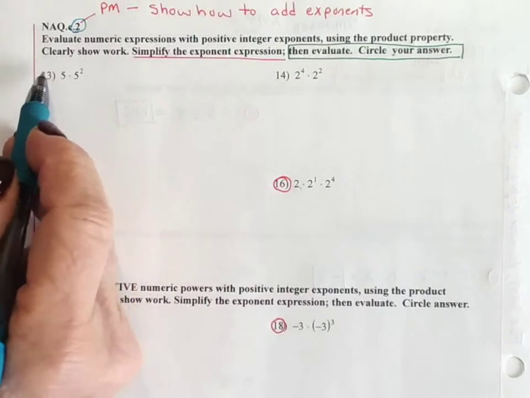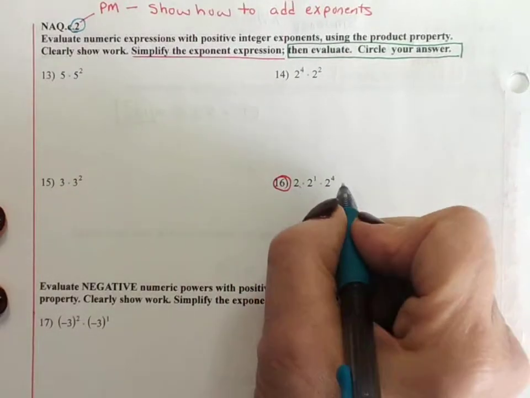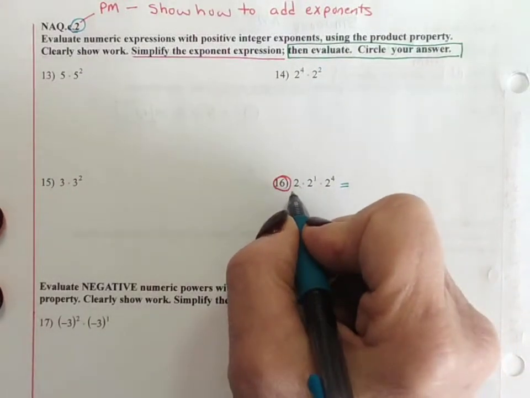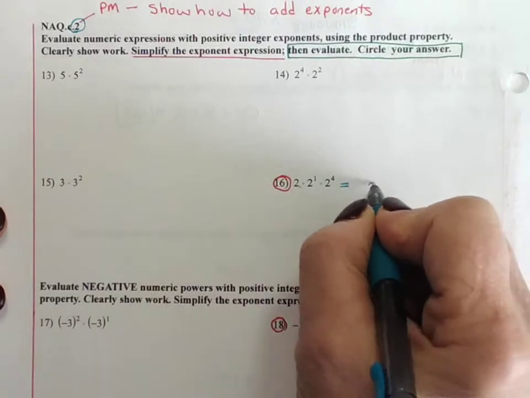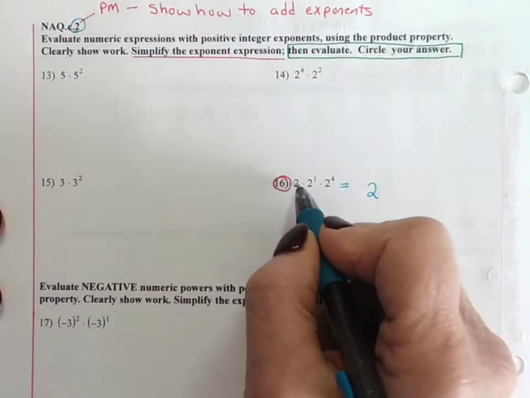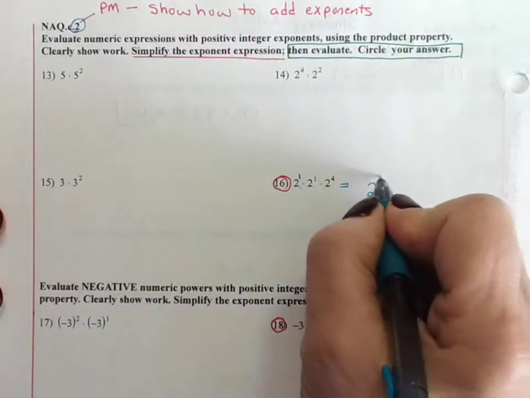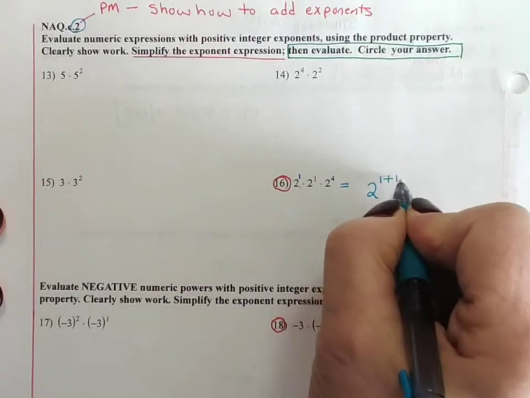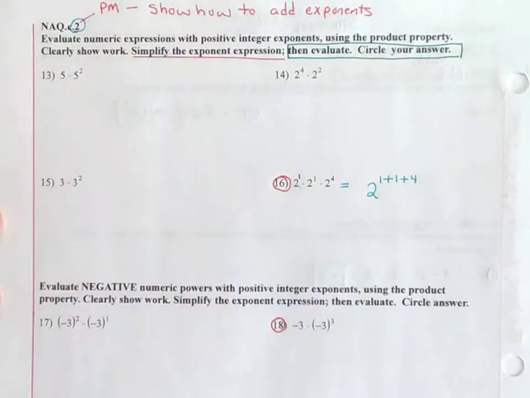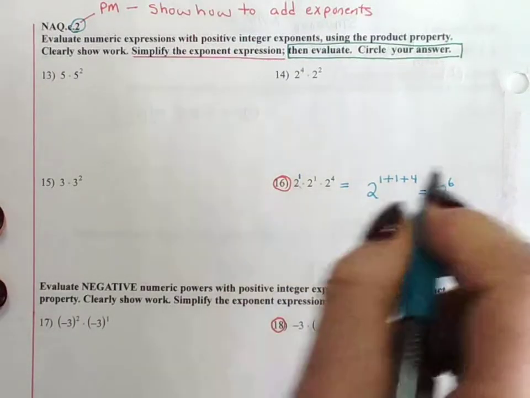And the work you're going to show is going to be the same for 13 to 20. So the base is 2. So I have 2, there is an implied 1. 1 plus 1 plus 4 is equal to 2 to the 6th.